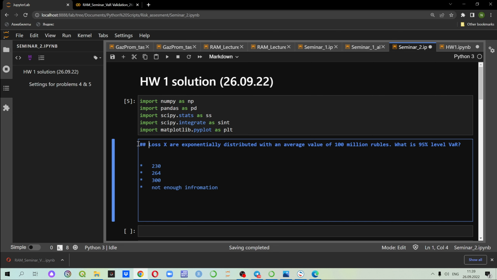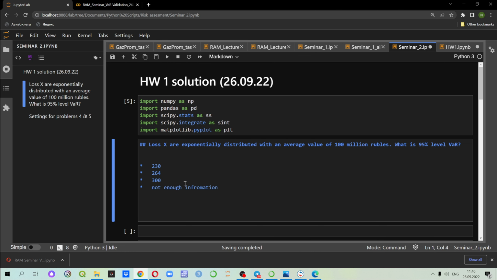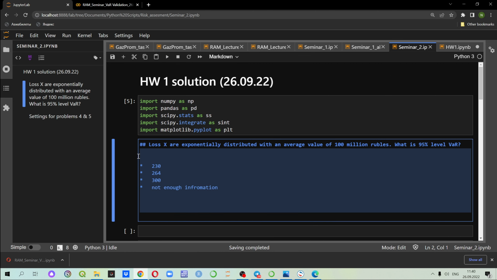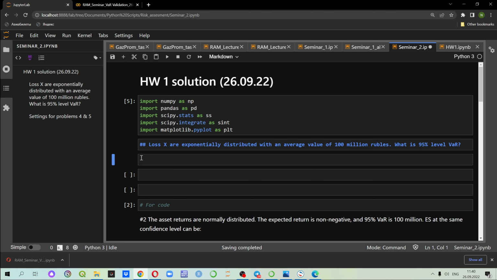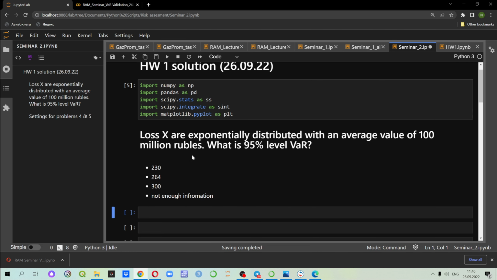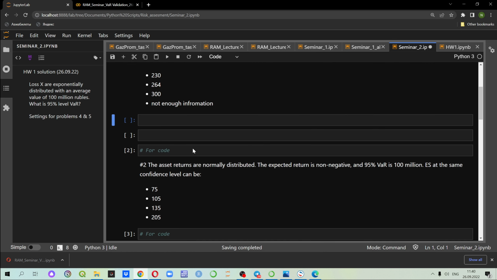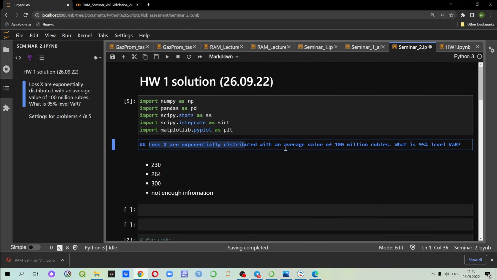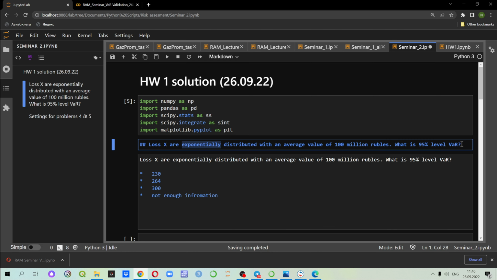Okay. And the basic idea is that the standardized exponential distribution that is generated by default from the stats is exponential distribution with the parameter 1. So probably you remember the lambda equals 1. And as you remember, the mean of this distribution equals 1 divided by lambda.